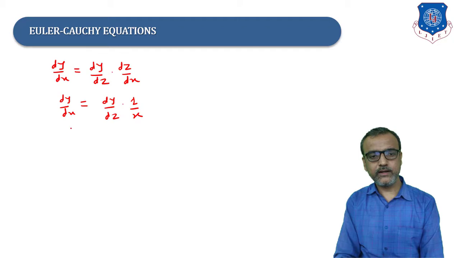Now multiplying both sides by x, so we have x dy by dx equals to dy by dz.